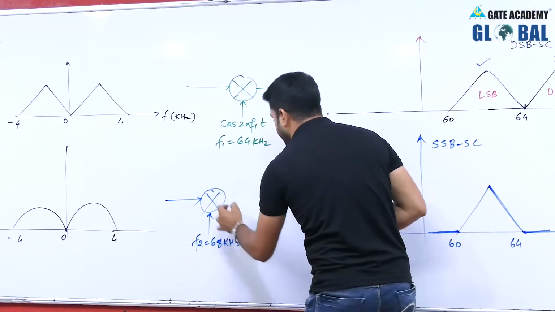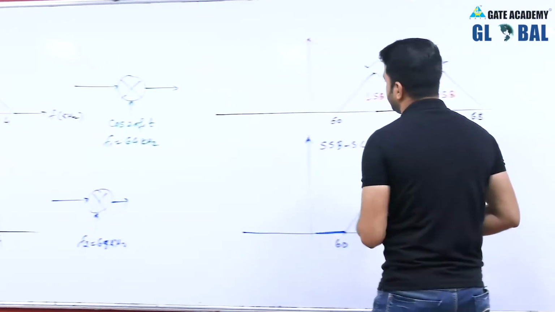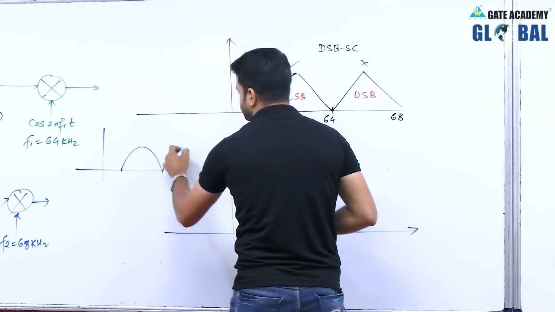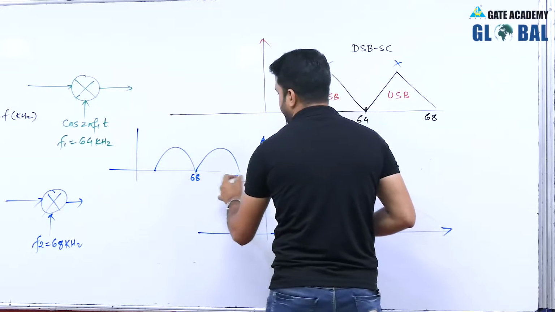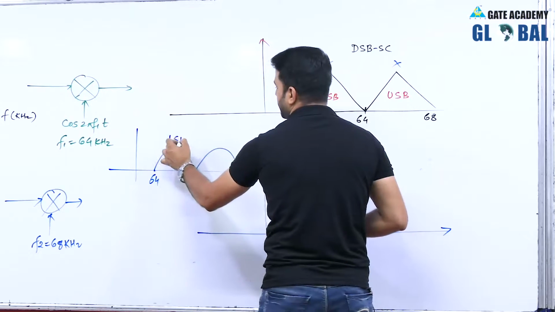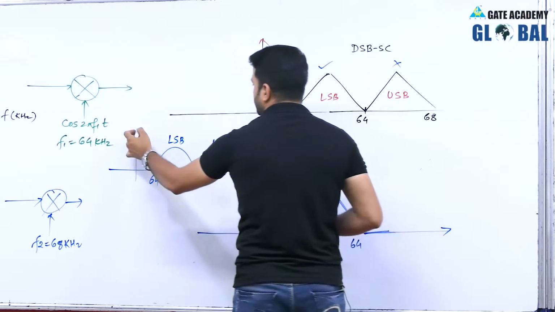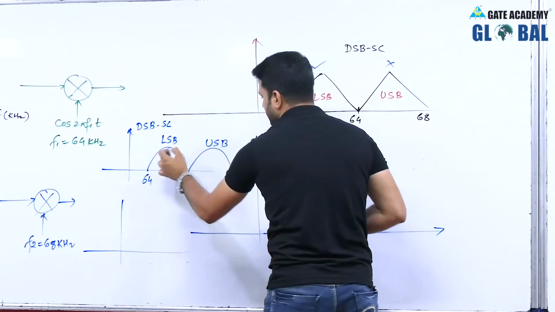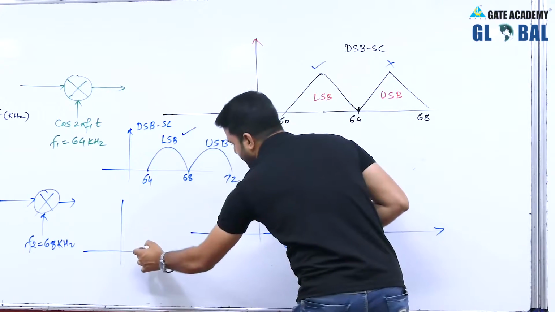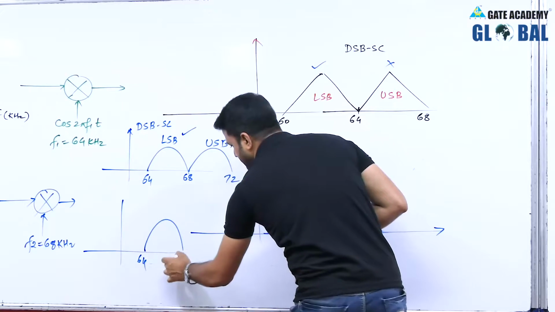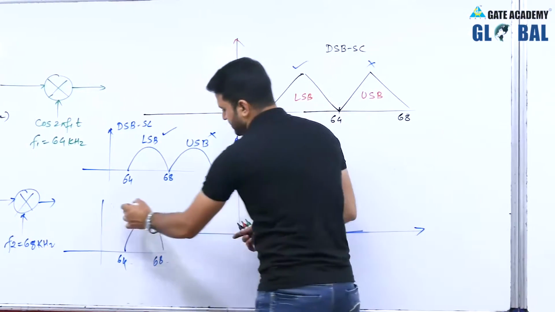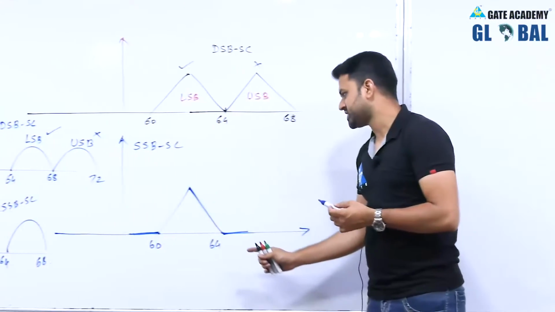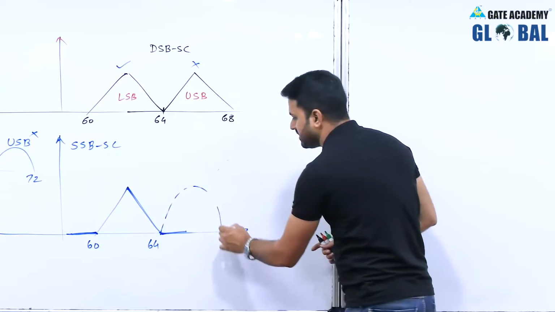With 68, the double sideband will be generated like this. This is 68, this is 72, this is 64; this is the lower sideband and this is the upper sideband. First we generate the double sideband suppressed carrier, then we consider the lower sideband and suppress the upper sideband. That means we get 64 to 68. So this SSB-SC signal for the second user ranges from 64 to 68, somewhere here.